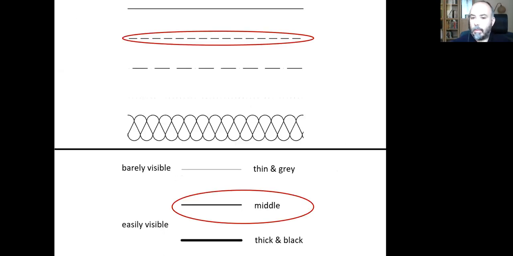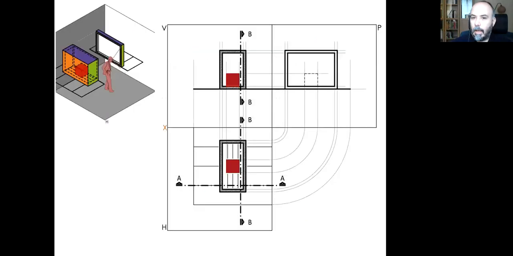And by using middle thickness, middle darkness with dashed lines, I can indicate that there is something behind me this time, but I do not need to leave gaps here. I just connect two lines. I don't need to do the coloring. If I'm not seeing the object itself, I do not do the coloring. I just indicate it with dashed lines, and that will be all.